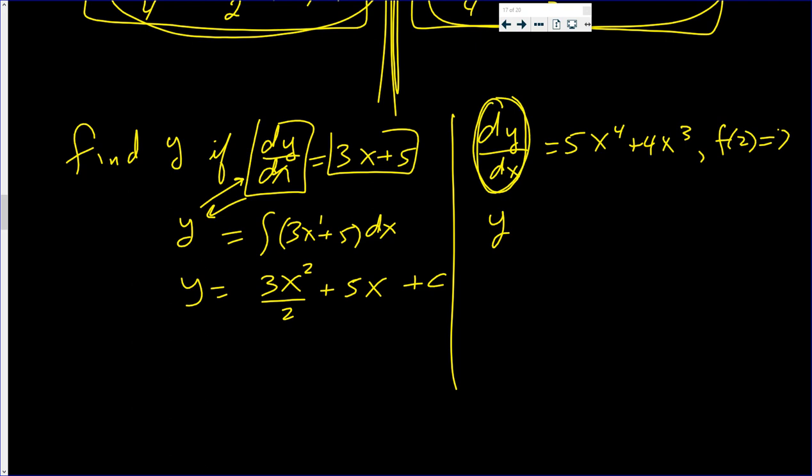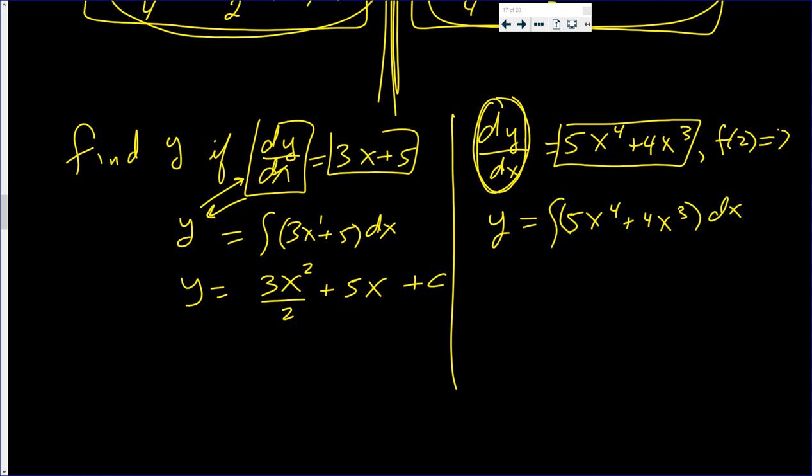And if I undo the derivative on the right side, I have to undo it on both sides. That means for the right side, the best terminology would probably be integrate. So y is equal to x to the 5, because the 5's cancel out, plus x to the 4, because the 4's cancel out, plus a constant.